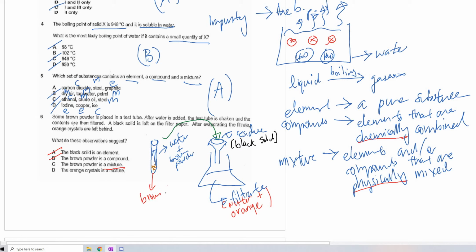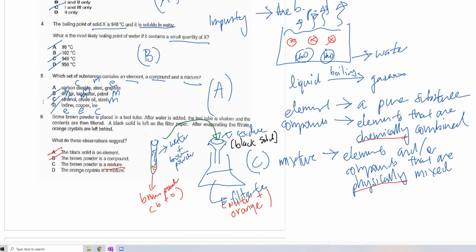Okay, so the brown powder contains the black solid and the orange crystal. Alright, so the answer for question 6 is actually option C.